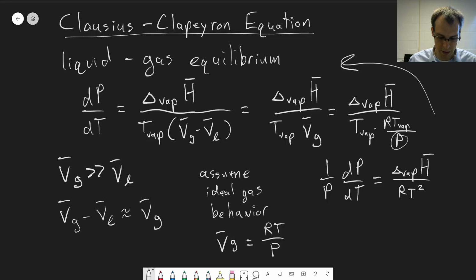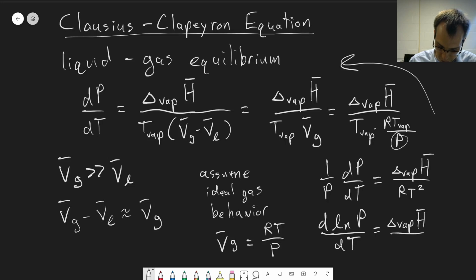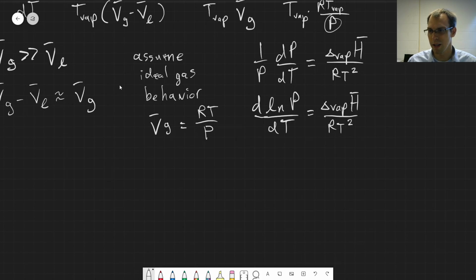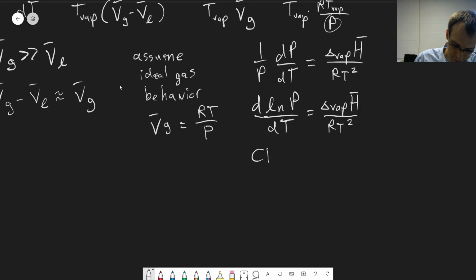We can either leave it like this or recognize that this is the same as the derivative of the natural log of P with respect to T. That's the same thing. This is equal to the enthalpy of vaporization, again, molar value, divided by RT squared. And this equation that we've gotten to is the Clausius-Clapeyron equation.